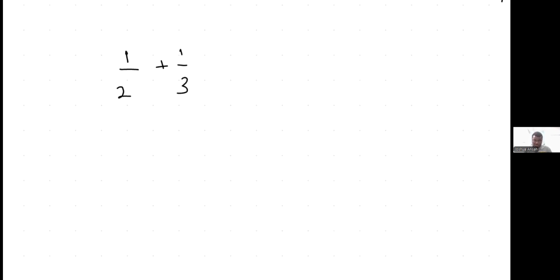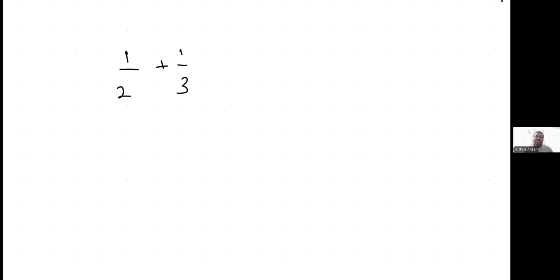What do you do? If you have something like this, what you do is change to the same denominators. So you change the fractions to the same denominators, and then you add or subtract them.